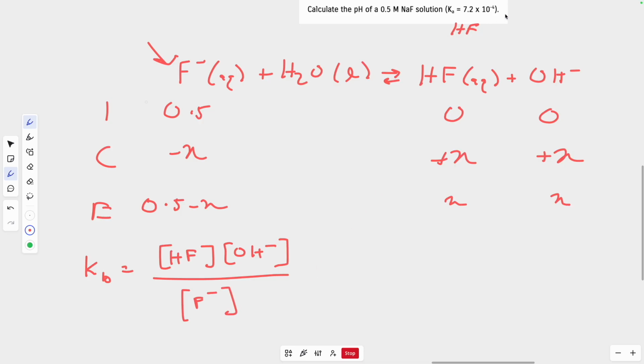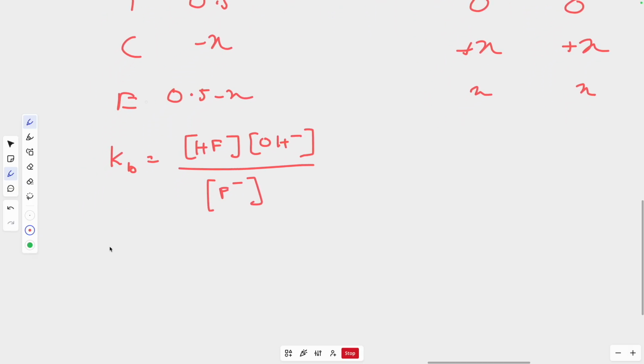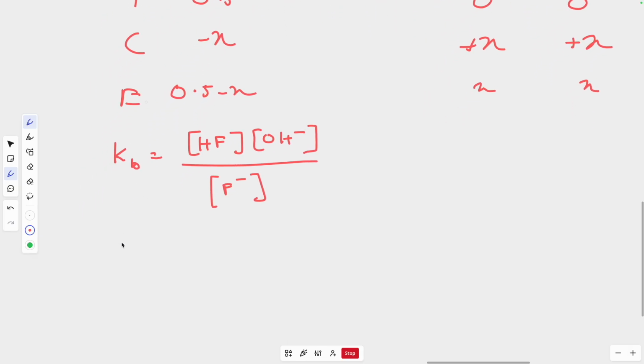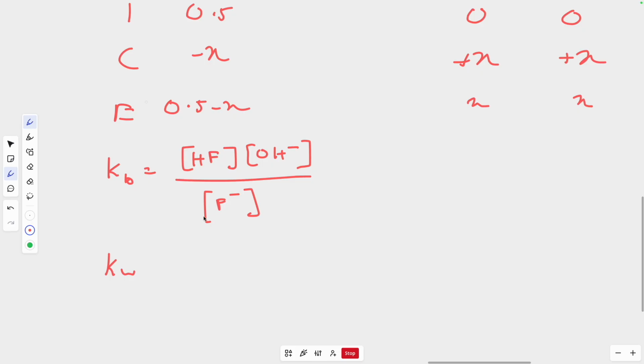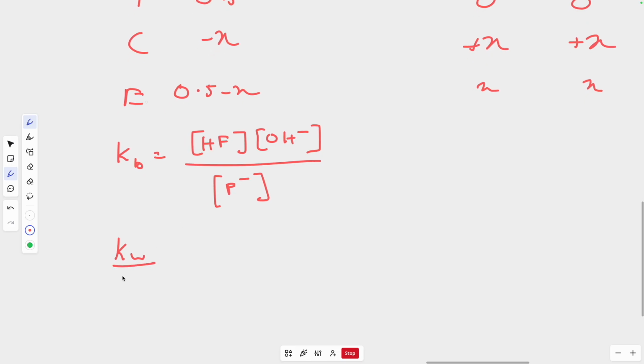Notice how in the question we're given the Ka of HF. So because HF and F minus are a conjugate acid-base pair, we can use Kw to find the Kb of F minus. So Kw over Ka is going to equal the Kb value.